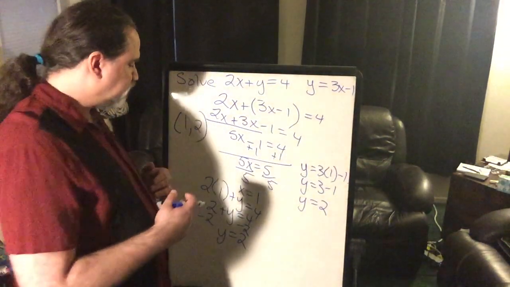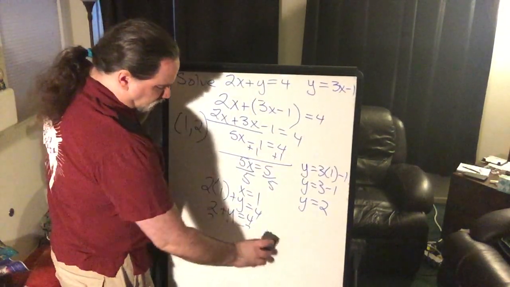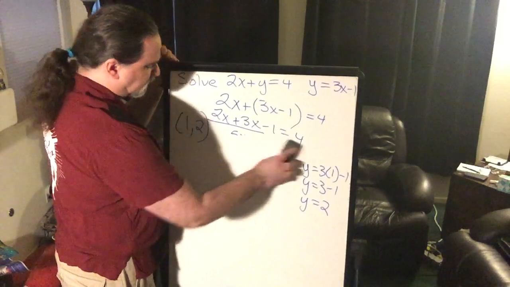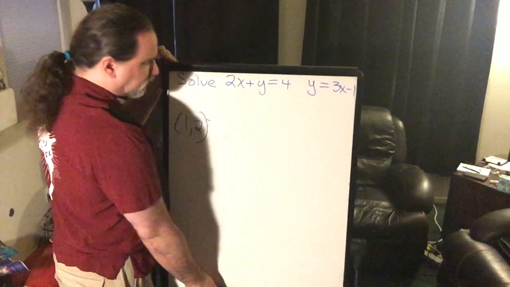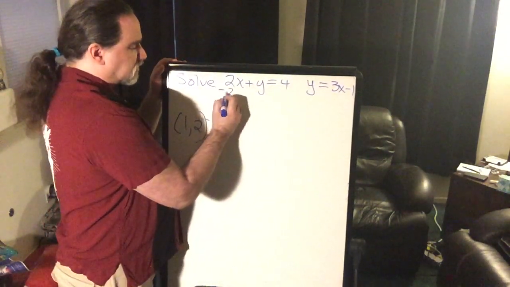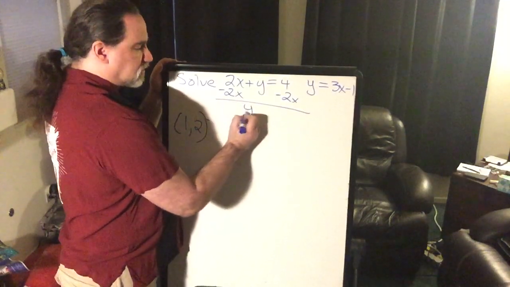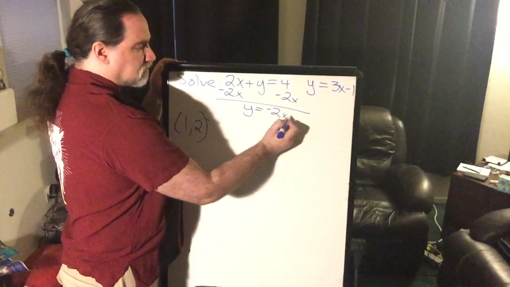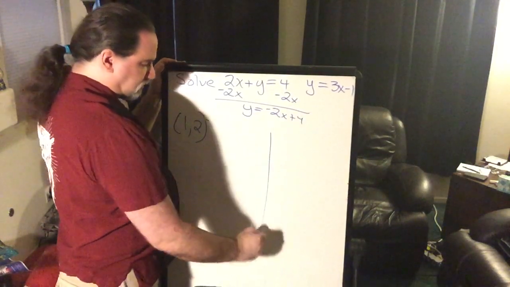I'm going to keep this answer here, and I'm going to keep those equations, and now I want to graph it because I want us to be able to see for certain that graphically we didn't get a different answer. So first I'm going to rewrite this one into slope-intercept form by subtracting 2x from both sides. And now I have my two equations, and now I can graph it.